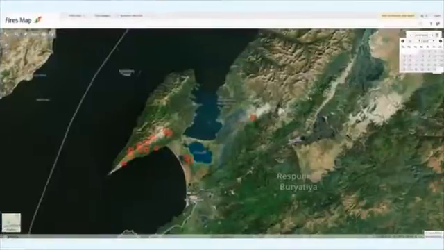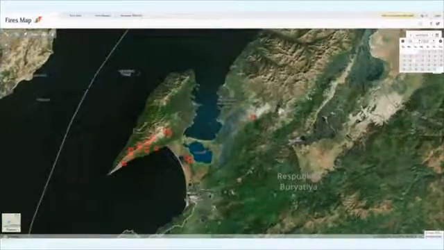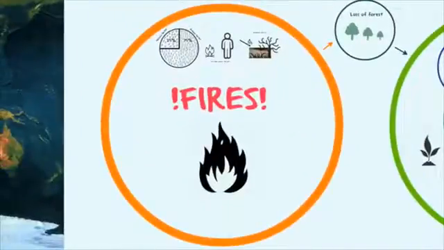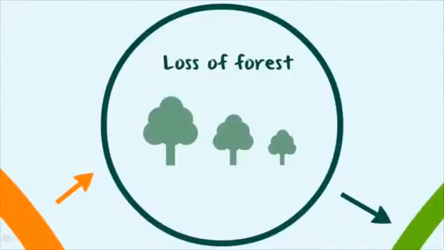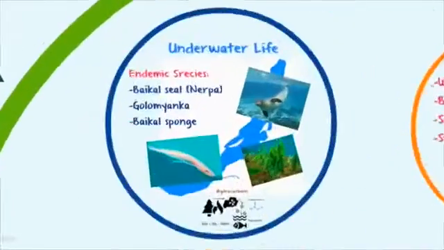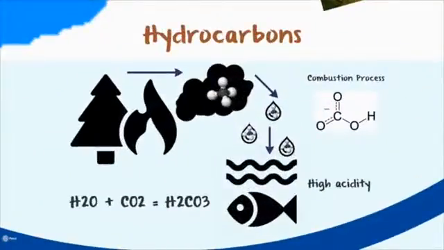Then we looked at the map of the forest fires. Here in red color, you can see the area of the forest that was burned by fires in the last 5 years. Let's take a look at the effects of fires that result in the loss of forest and, of course, have a direct relation to wildlife. A wide variety of lake animals die due to the high concentration of carbon dioxide dissolved in water.